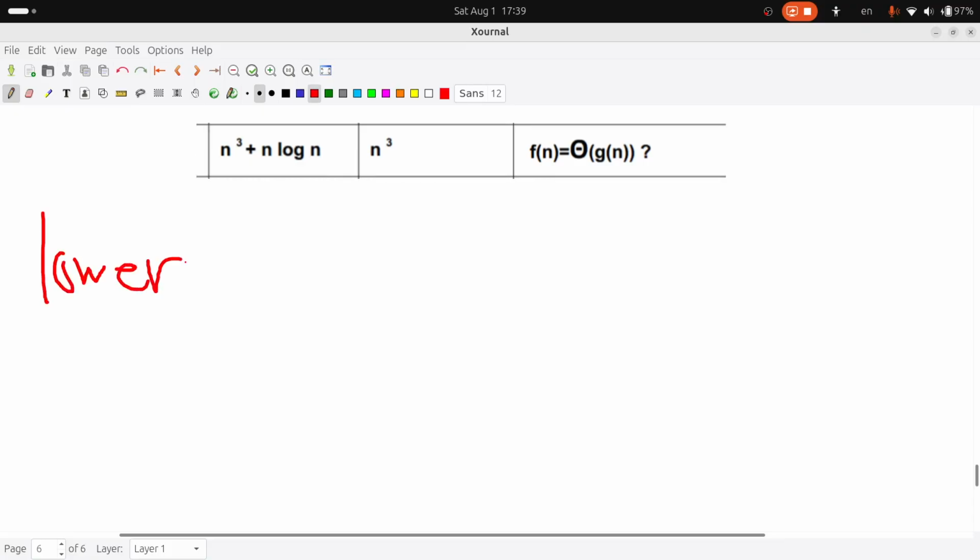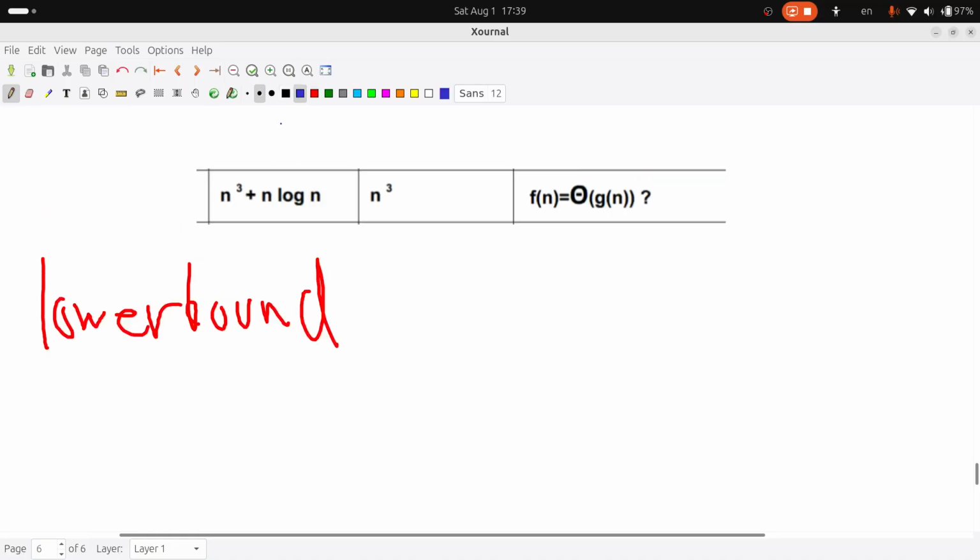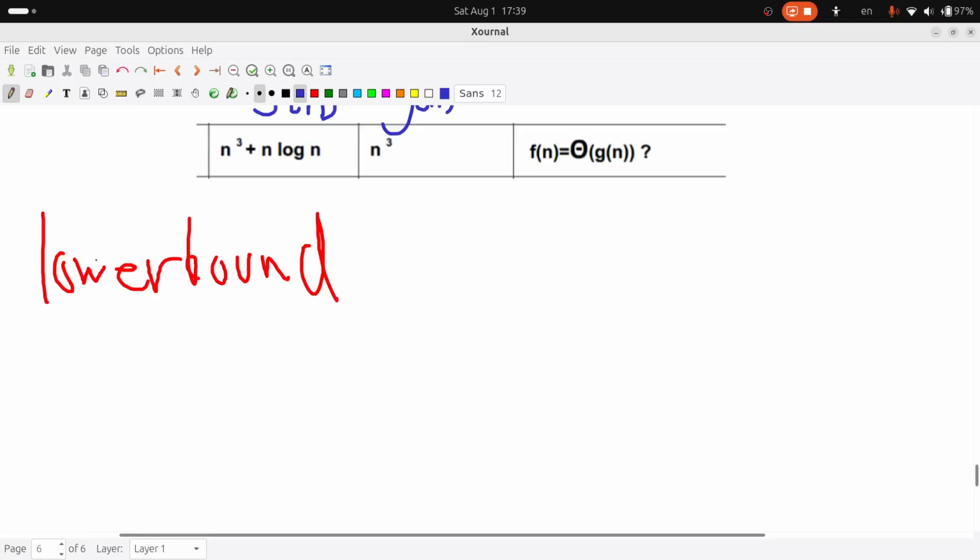For the lower bound of this f(n) and g(n), f(n) is n to the power of 3 plus n log n, and g(n) is n to the power of 3, and we have to prove whether this is theta of g(n) or not. We specify the definition that we want to prove, and we prove each section, the lower bound and the upper bound.